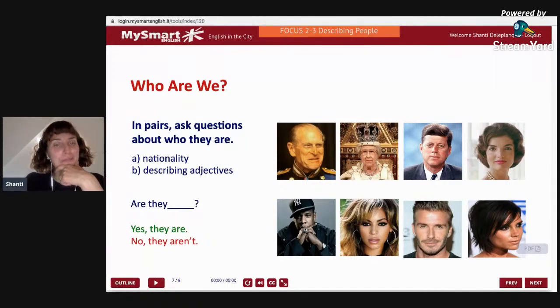Okay, so as I said, we have the queen and her husband, so the king and the queen. We have Kennedy and his wife. We have, I think it's Beyonce and maybe Jay-Z, a rapper. And we have David Beckham and Victoria Beckham.